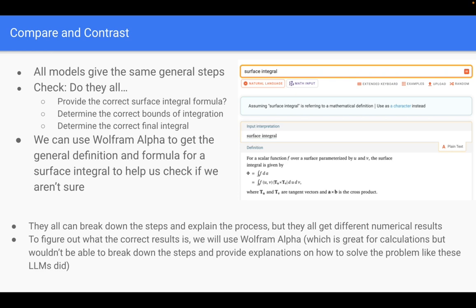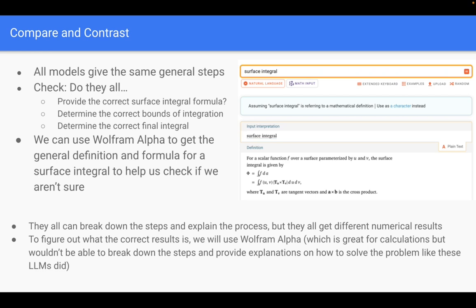All three model outputs end up matching that expression correctly. So all three model outputs do have the correct initial integral. They do have the correct converted integral once you convert to polar coordinates, and they arrive at the correct final integral with the correct bounds of integration.